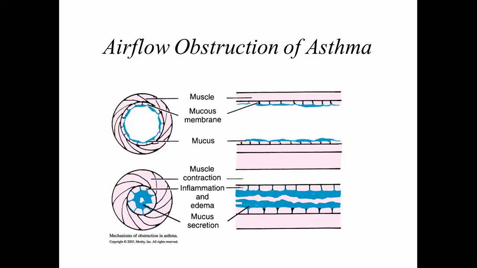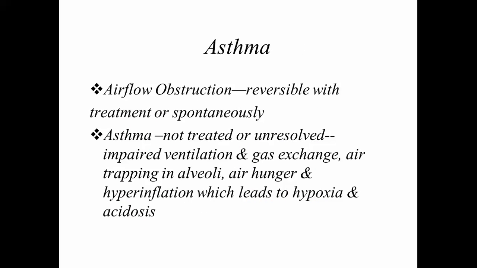So you have expiratory wheezing. The good thing about airflow obstruction is that it can be reversible with treatment, or it can reverse spontaneously if you take yourself away from whatever it is that's irritating or triggering it.